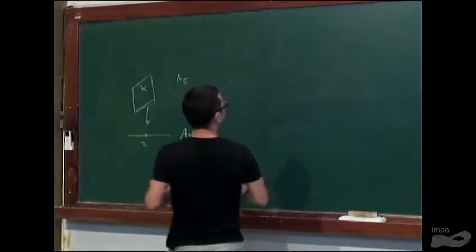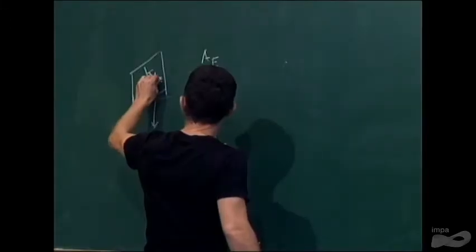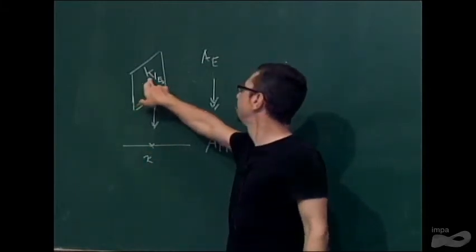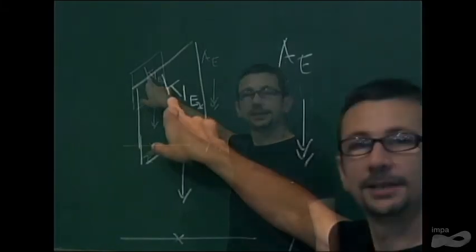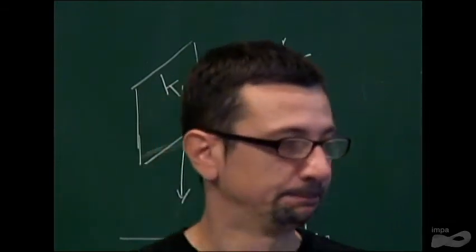As it turns out, there is indeed this kernel you can see as a family of Lie algebroids on the fibers. So it's always relevant to see this K as the union of the restriction of this Lie algebroid to the fibers. Okay, and the restriction is always well defined.